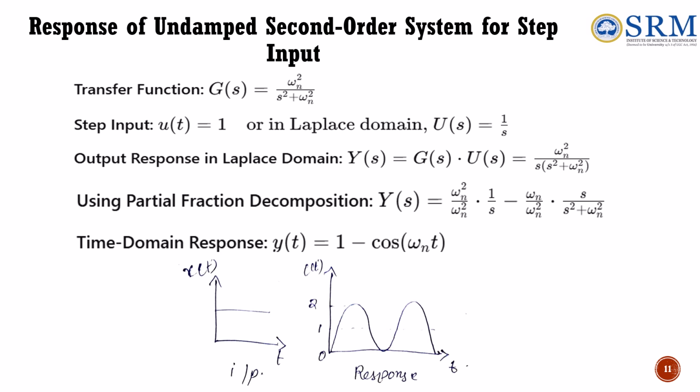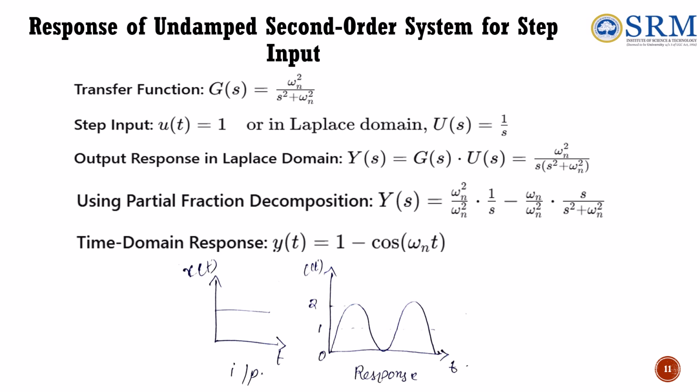So the step input, unit step input u of t will be equal to 1 and the Laplace transform of the unit step input is equal to 1 by s. So we can find out the output response y of s by multiplying g of s, that is transfer function, into u of s, that is the Laplace transform of input.